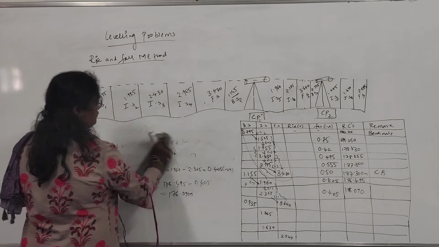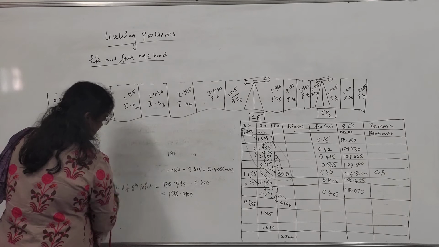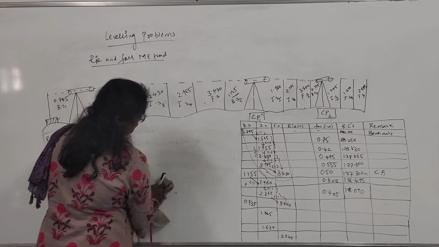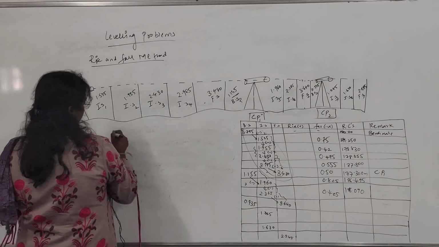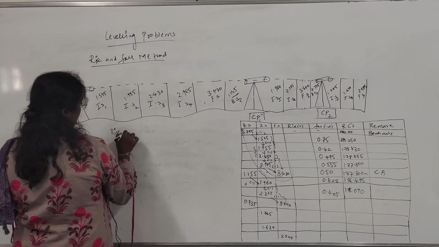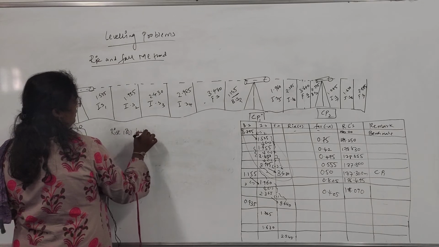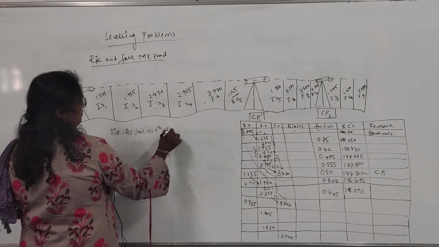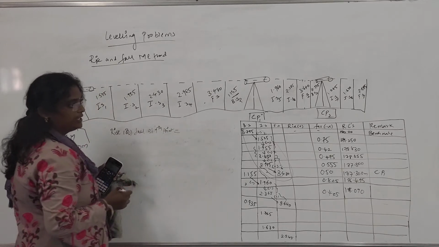Next again we need to find for the 9th point. Rise or fall of the 9th point. So what will be the value here?